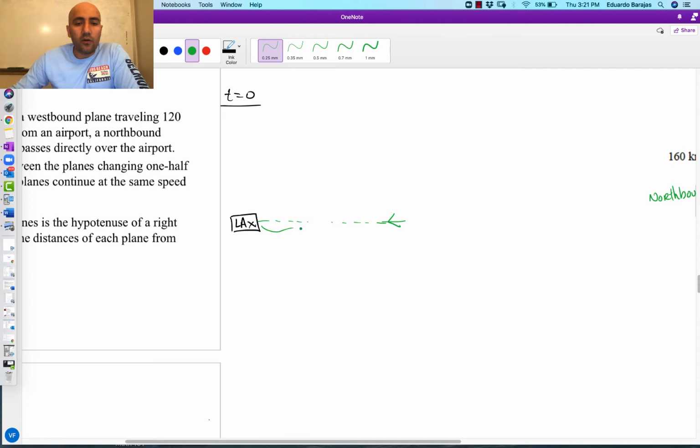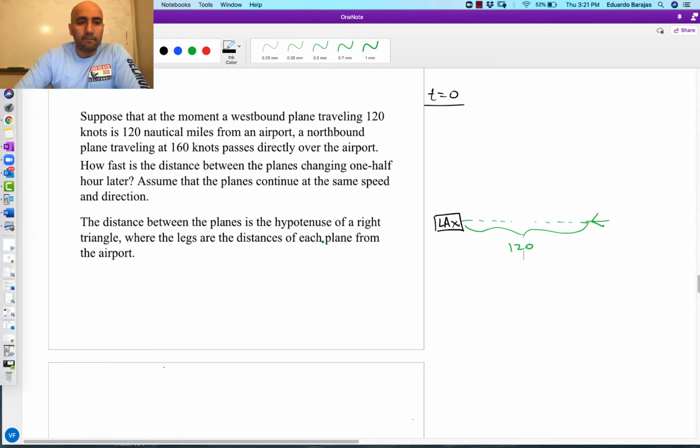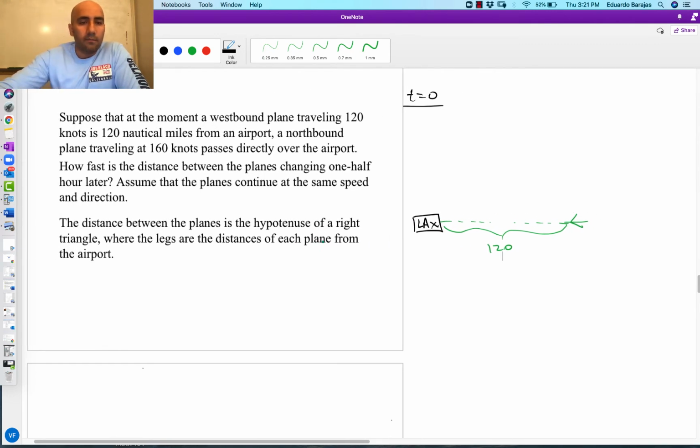At time 0, we know that this is 120 miles from the airport. Let's use W, the letter W, to represent the distance that this westbound airplane is away from the airport. This is the westbound airplane.